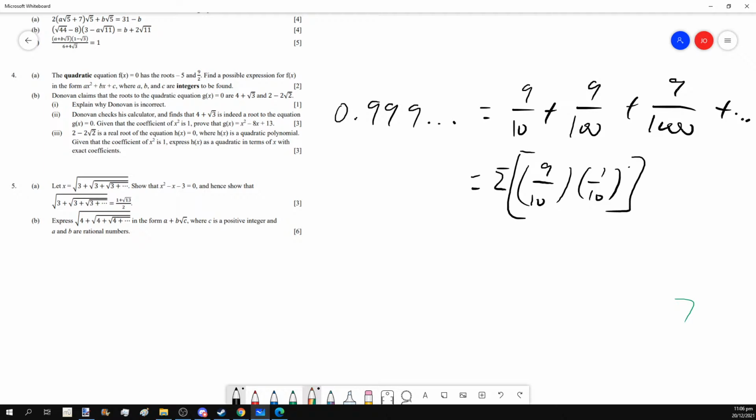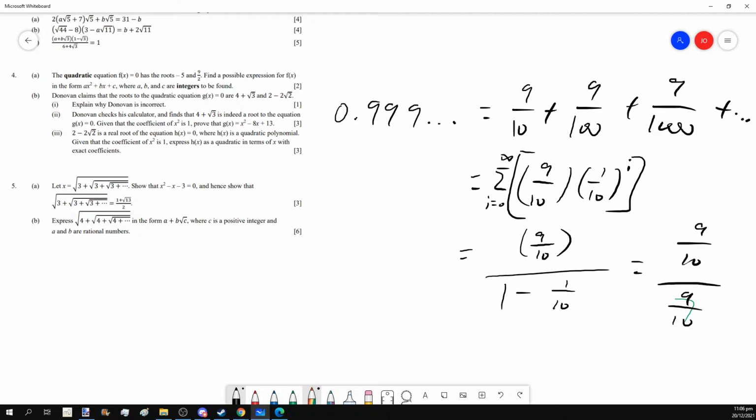The 1 over 10 will have an index i, and then we will say that i starts from 0 and goes all the way to infinity. Once we have this, it will actually turn into a geometric series to infinity, which will then give you the term in front that we start with, 9 over 10, divided by 1 minus the common ratio, 1 over 10. Conveniently, this gives you 9 over 10 over 9 over 10, which then cancels out to give you 1. And once again, we have the same finding.